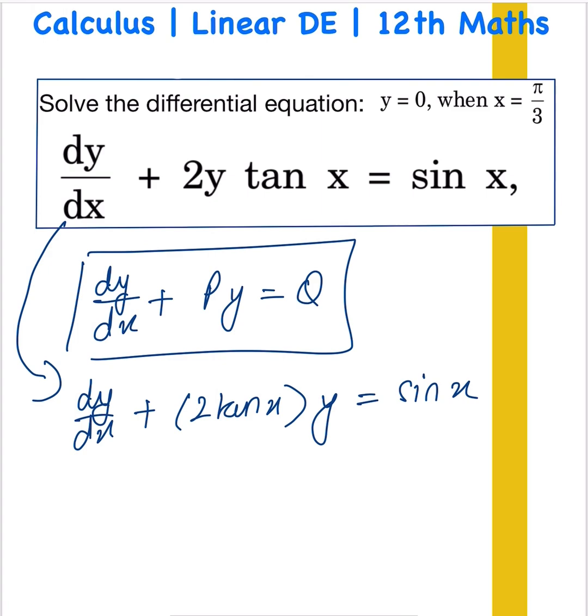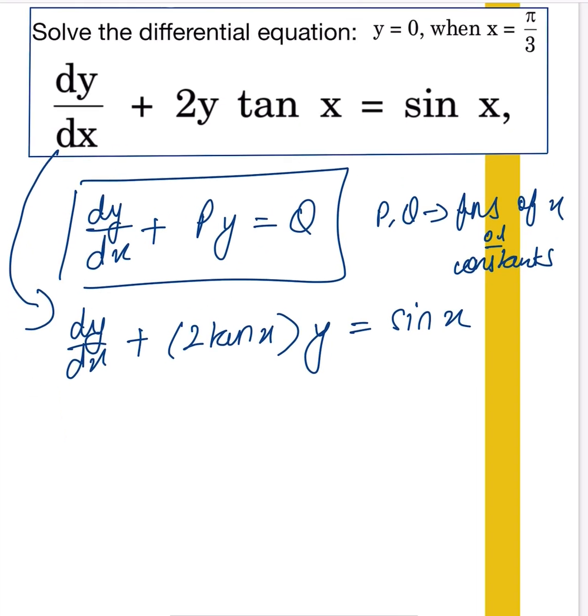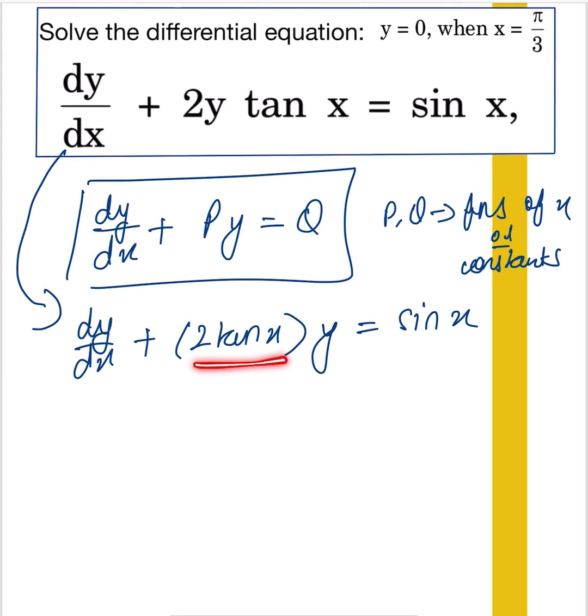So remember that when you write a differential equation in this form, it is representing a linear differential equation. And P and Q are supposed to be functions of x or they can be constants. So be careful about that. Now, if you see, P is a function of x, Q is also a function of x.